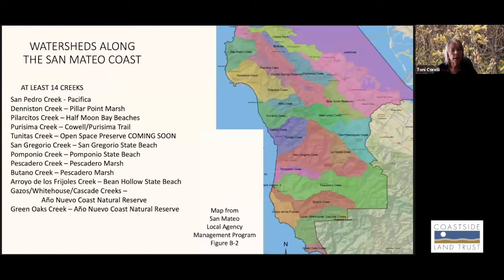Hold on just a sec. So I believe Clara Creek is up here in Pacifica, which they call an unidentified watershed. For some reason, it's not labeled here, but I would call it the Pacifica watershed. I believe that's the creek they're talking about.